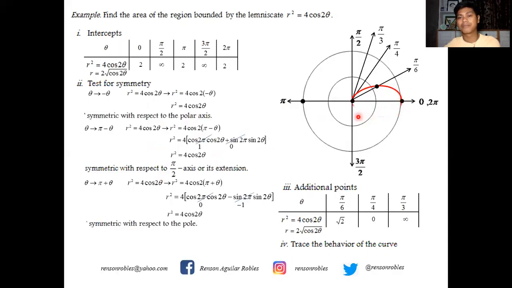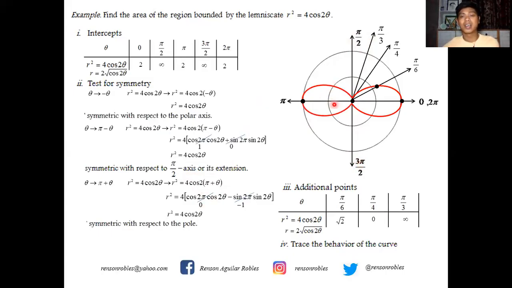And again, this lemniscate is symmetric with respect to the pi over 2 axis and its extension. So you have this. This is the pi over 2 axis, and then you reflect it over this line. So you have completed the lemniscate r squared equals 4 cosine 2 theta.